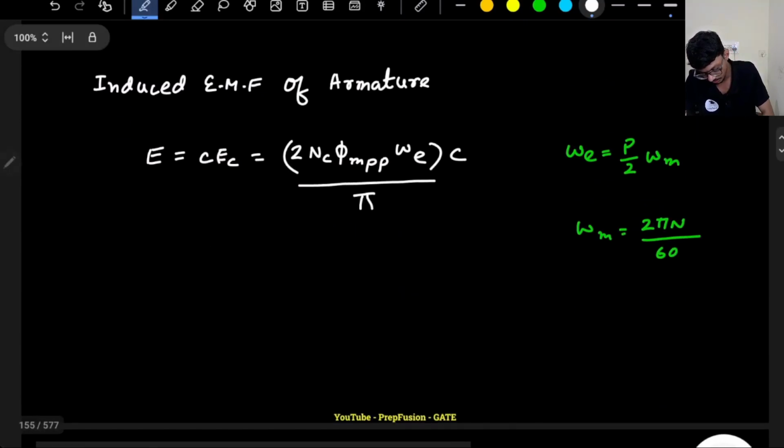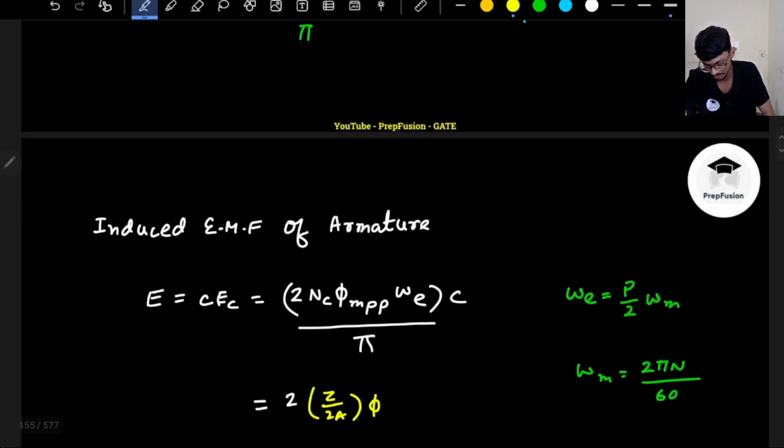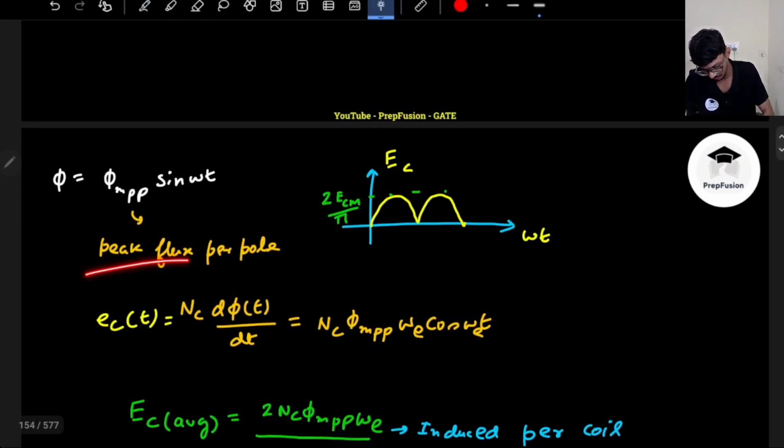This value will be equal to 2 times Z upon 2A times phi. I will just write phi here, but remember this is the peak flux per pole.